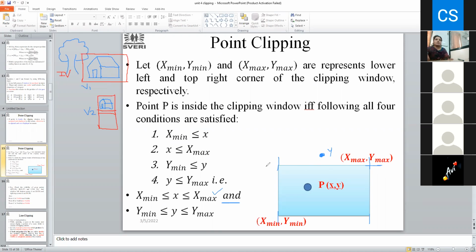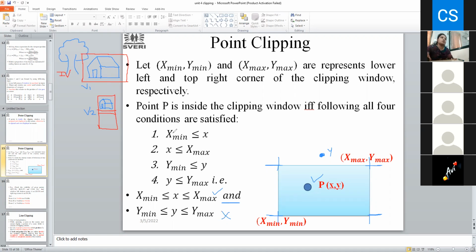This line is the y max line and this line is the y min line. So your y value is greater than the y max. So second condition is not satisfied. So if I am having only one condition true, then the point is not visible or it is not inside point. Okay, if the point satisfies both the conditions, then only we are going to consider the point is inside.